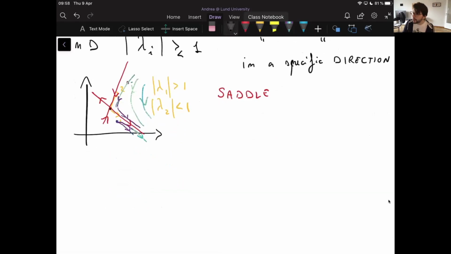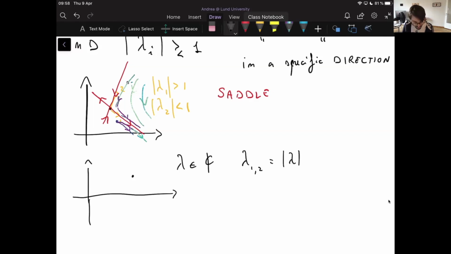One other thing that can happen is a source point. This will happen if lambda belongs to the complex numbers. So instead of being a real number, it's complex. And in this case, for 2 dimensions, the 2 lambdas, lambda 1 and 2, will be given by the same absolute value, and then e to the plus or minus i theta.